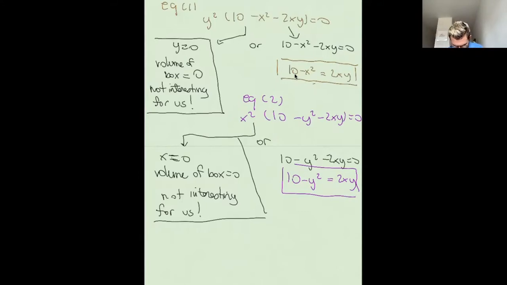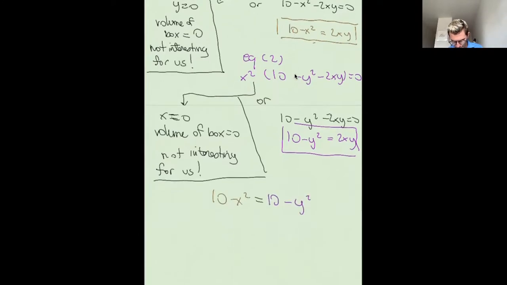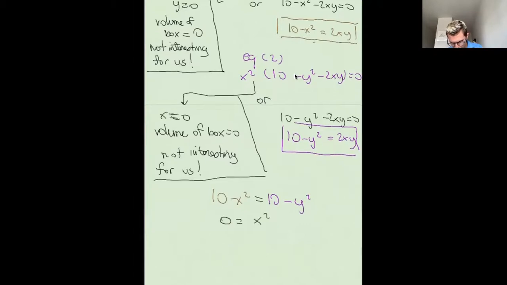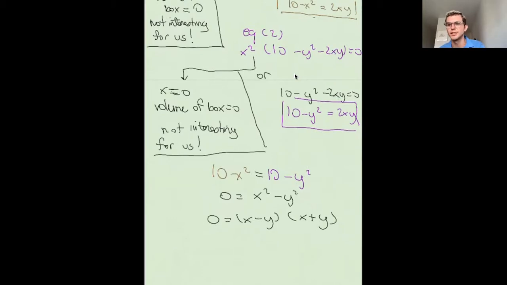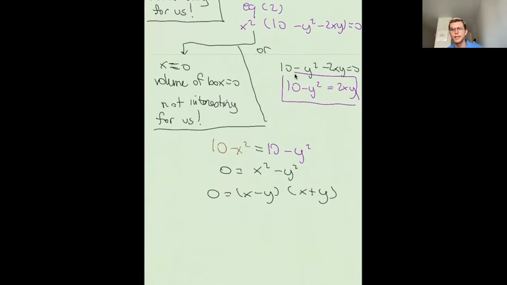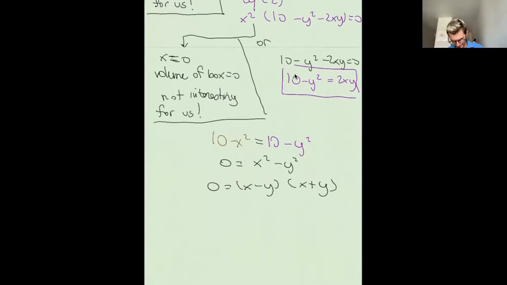So you can say that 10 minus x squared equals 10 minus y squared. And that's the same as saying that 0 equals x squared minus y squared. So 0 equals x minus y or x plus y, right? But again, x, y, and z are all positive numbers because those are the sizes of a box. So only x equals y is an interesting case.